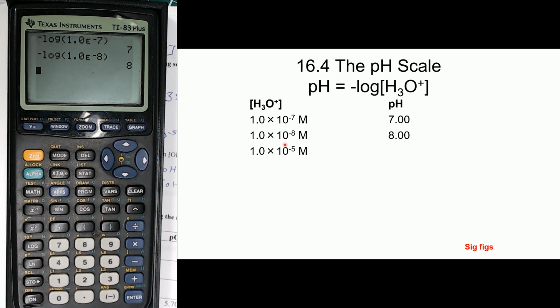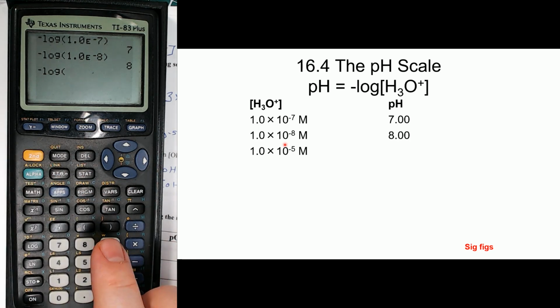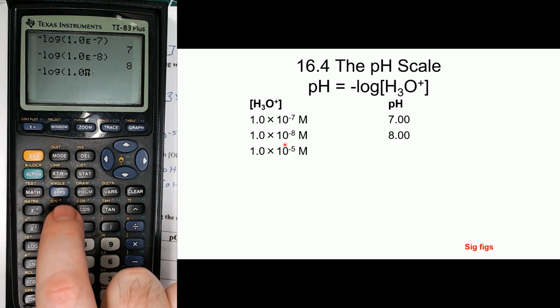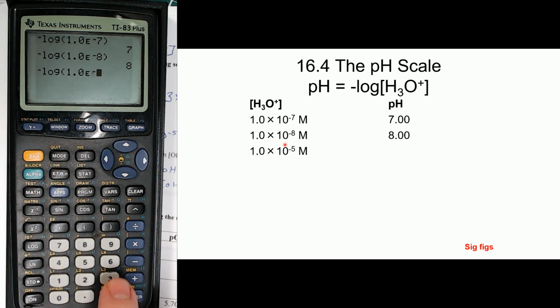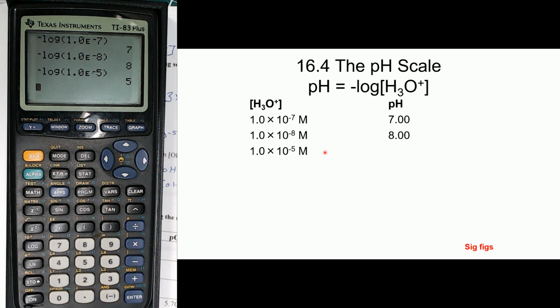All right, you can probably guess this one. So 1.0 second EE negative 5. And if you guessed 5, give yourself a prize. So again, it tells you the order of magnitude. So the number before the decimal point tells you the order of magnitude.